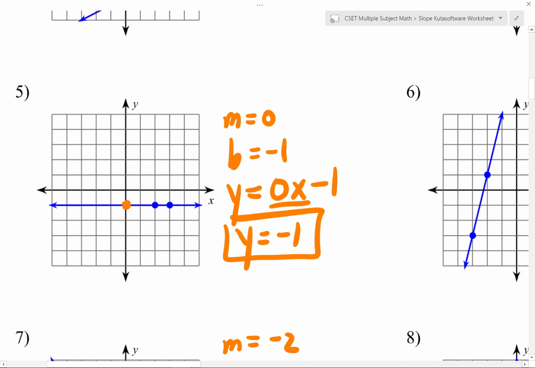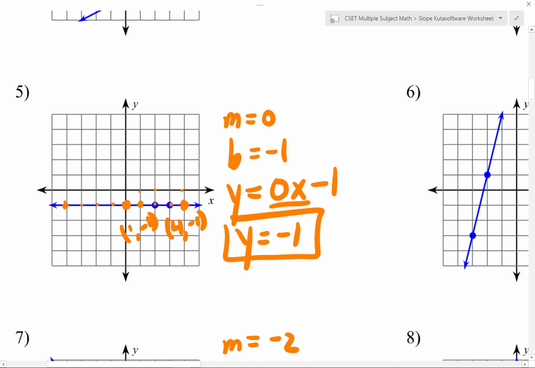And that makes a ton of sense, because if you look at any ordered pair on this line, the y value is -1, right? If you named that point right there, that's 4 on the x and -1 on the y. If you named this point here, that's 1 on the x and -1 on the y.